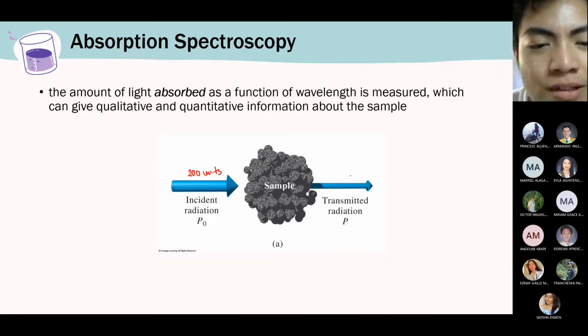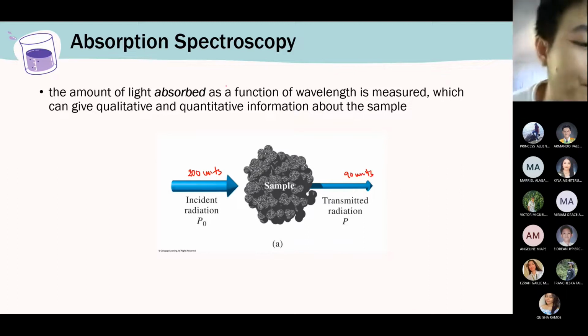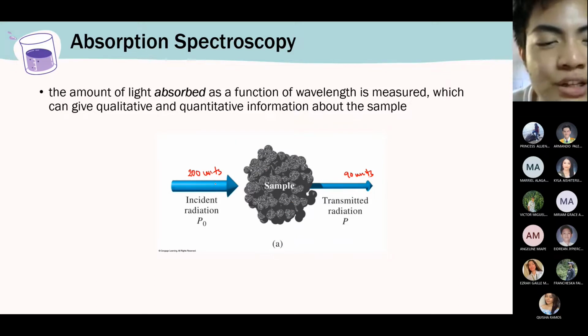As the light passes through the sample, only a little is left, let's say 90 units. So our matter absorbs the energy given by the light. That's absorption spectroscopy.